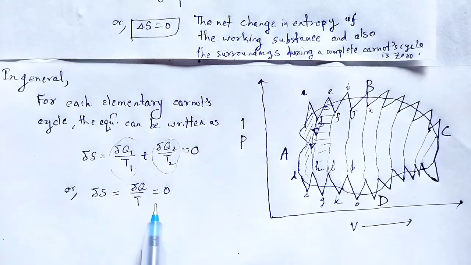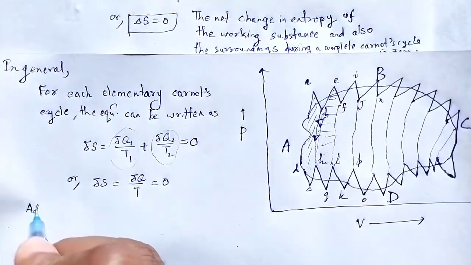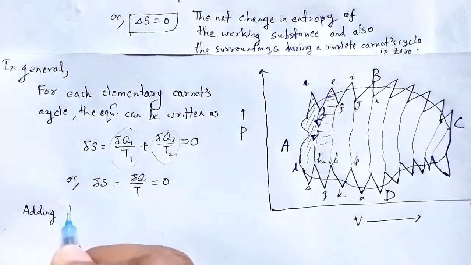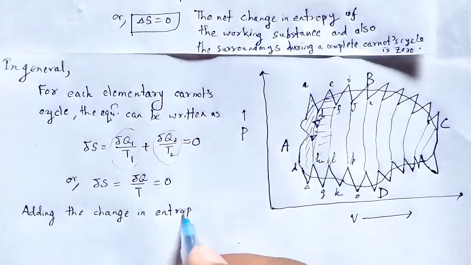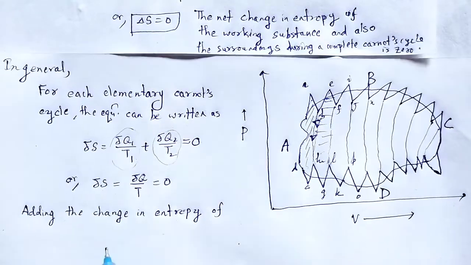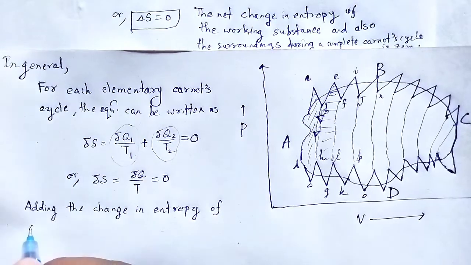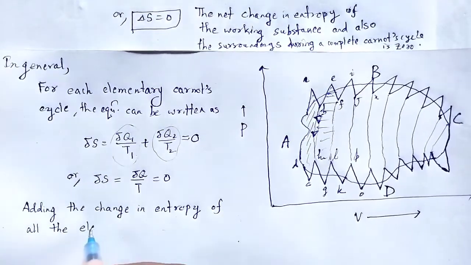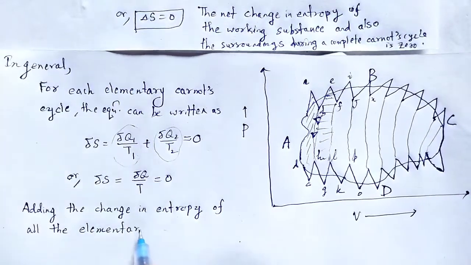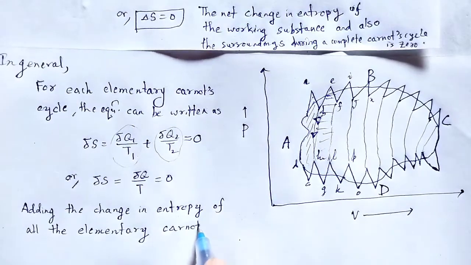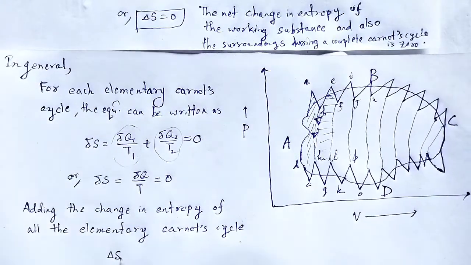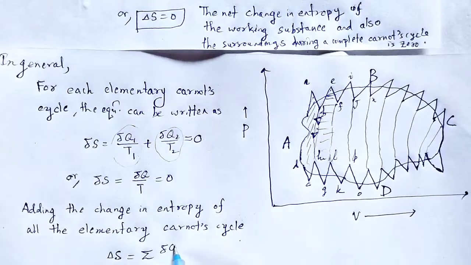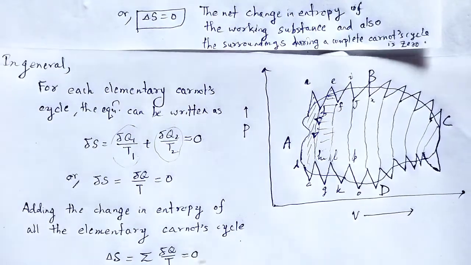Adding the change in entropies of all the elementary Carnot cycles, del S is equal to the summation over del Q by T, that will be 0.